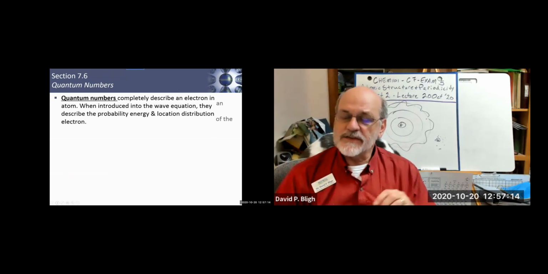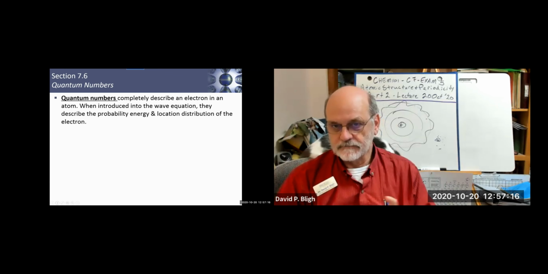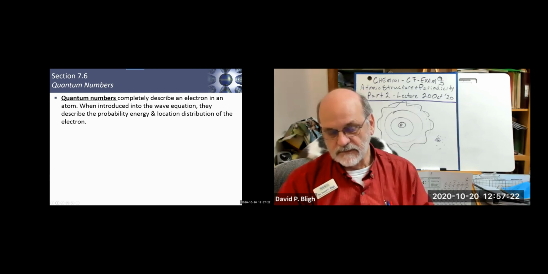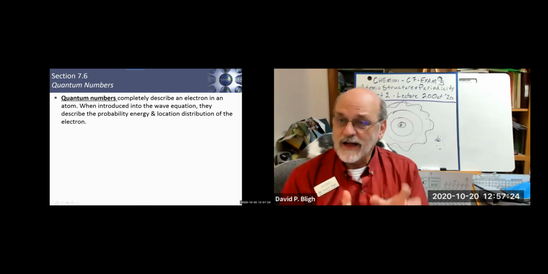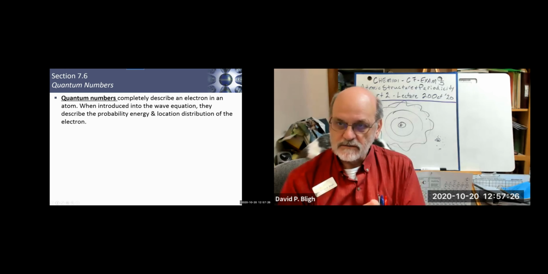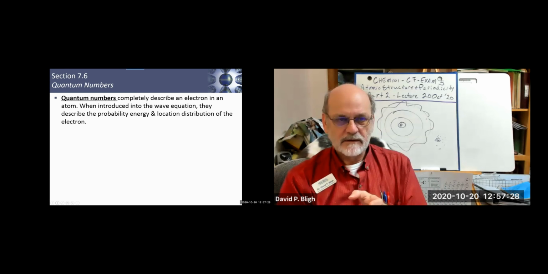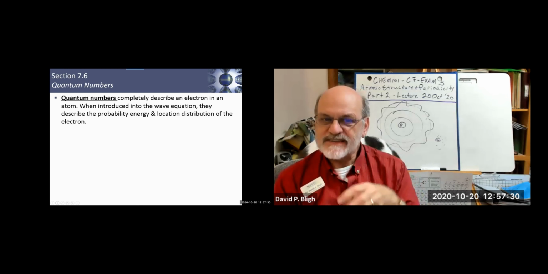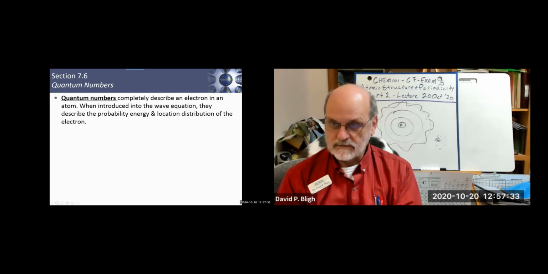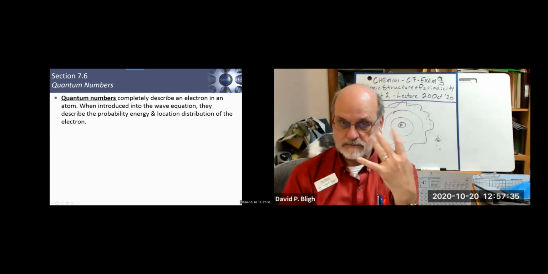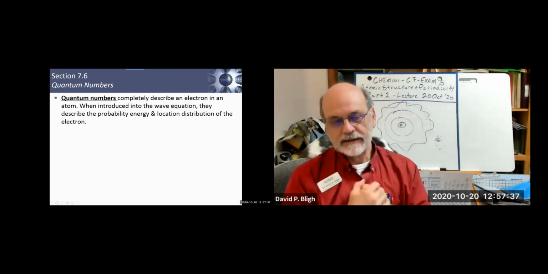So we introduced the concept of quantum numbers. Quantum numbers are used to describe an electron in an atom. Now, the quantum number itself is not a description, but it fits into a wave equation, these four numbers. There are four of them.